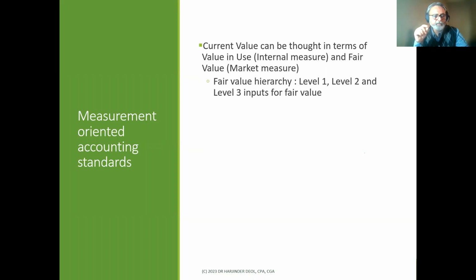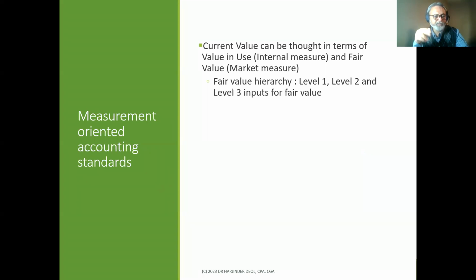We compare that carrying amount to a recoverable amount. And the recoverable amount is, under IFRS, the greater of two numbers, value in use and fair value less cost to sell. Fair value is a market-based measure, right?